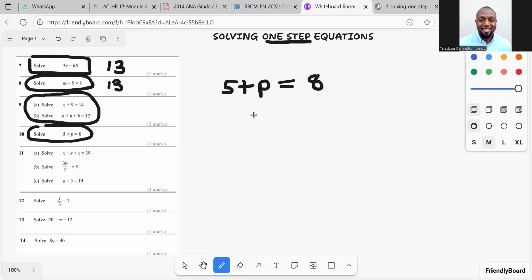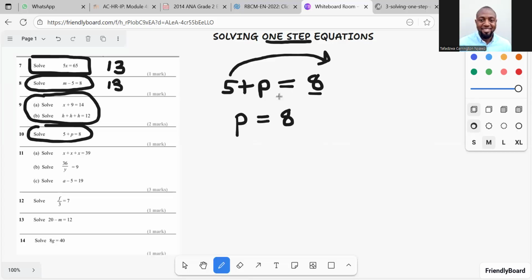I need to separate this positive 5 from p and make p the subject of the formula. So I'll take this positive 5 to the other side, and on the left side I'll remain with p is equal to 8, which is already on the right side. It should always maintain its position as the first to appear.